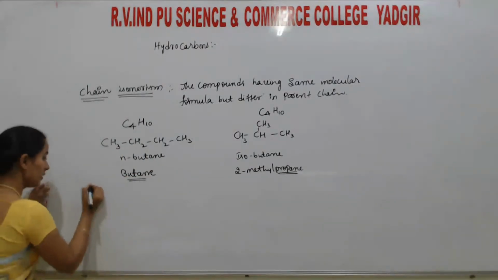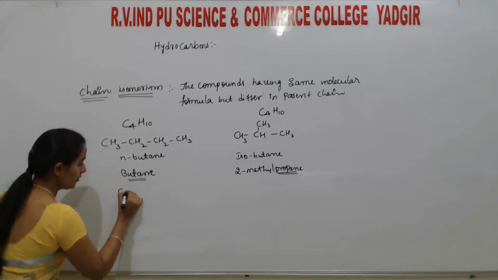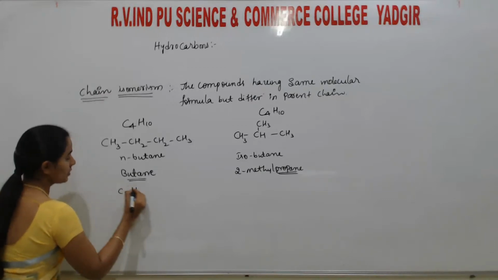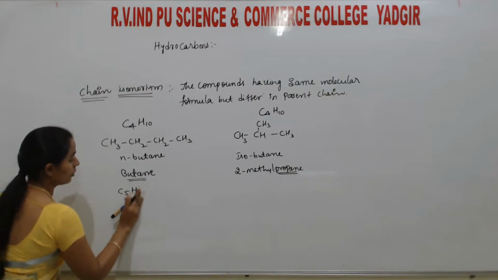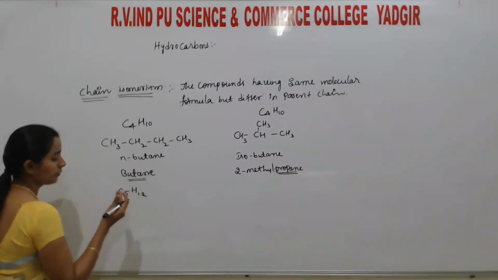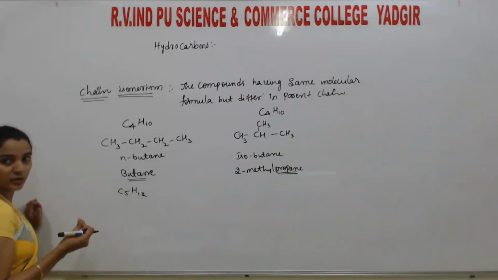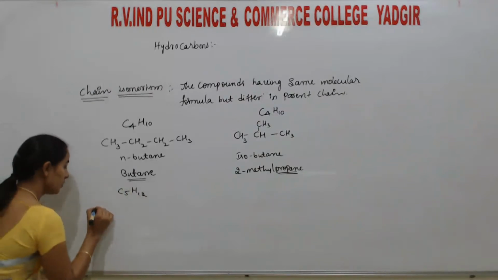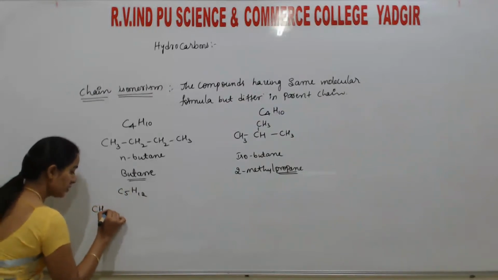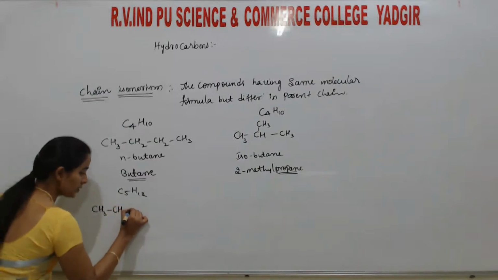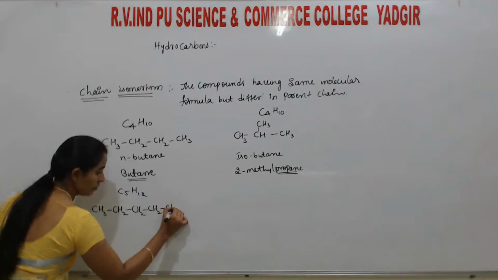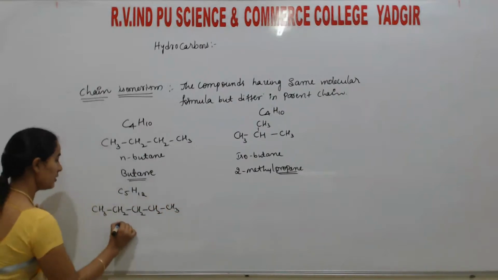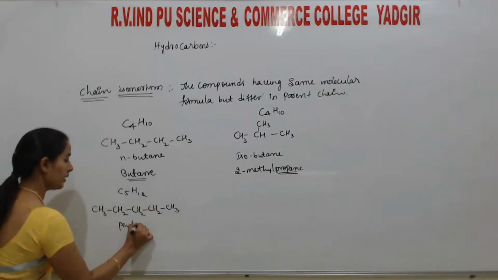Another one, if you take C5H12. So listen, one is CH3, CH2, CH2, CH2, CH3. That is pentane.